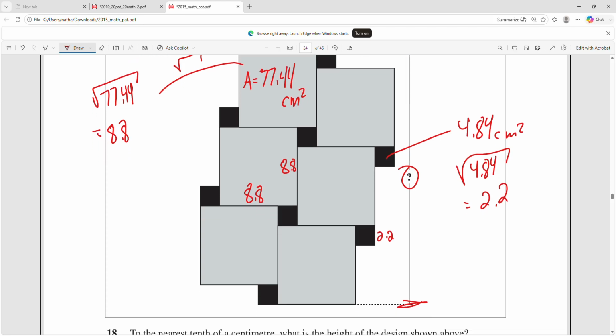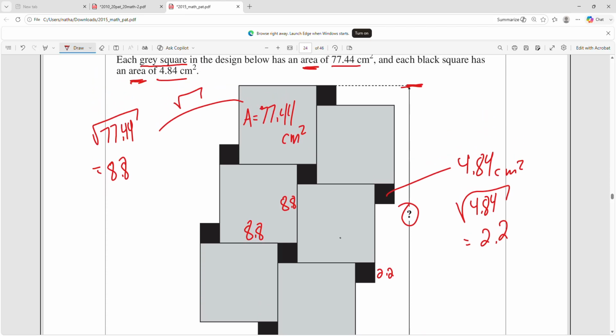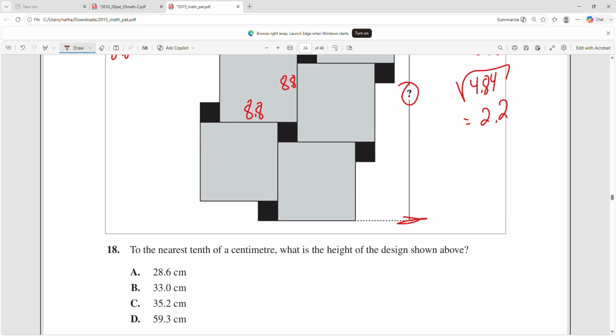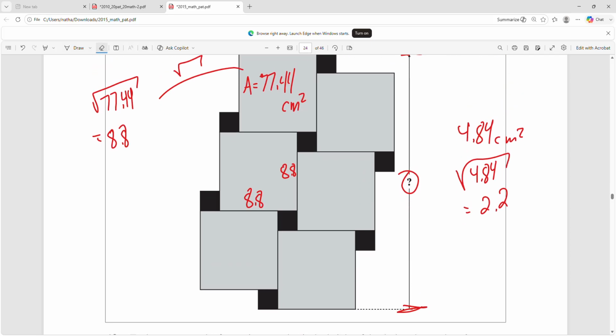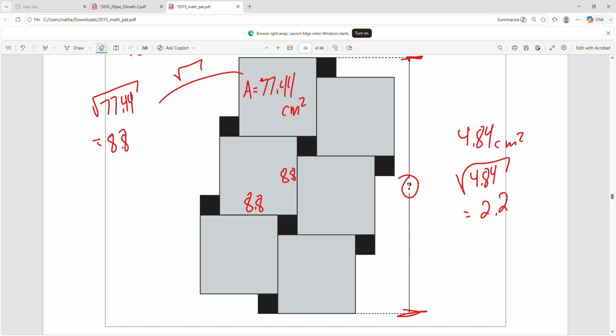Now, here's a part where we just have to understand what they're asking us. They're not asking for us to tell them the perimeter. They're not asking for us to add up this piece, then that piece, then that piece, and all this stuff, right? They want the distance here, from bottom to top, or top to bottom, from here to here. So they made this interesting, complicated looking shape, but we just want to see this here.